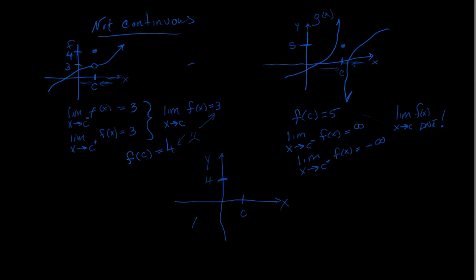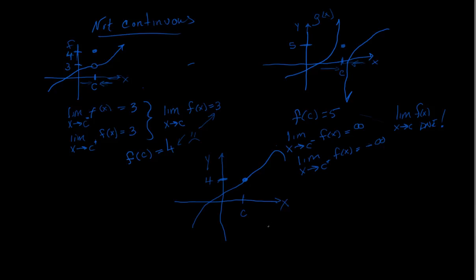Here we have a graph. As x approaches c from the left, the y values are getting closer to 4. As x approaches c from the right, the y values are getting closer to 4, and f of c itself is equal to 4.